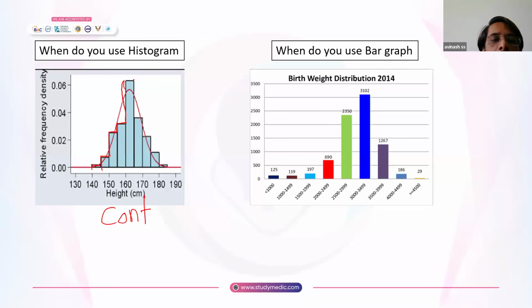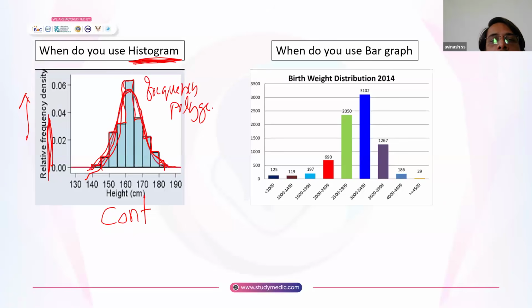Like that, if you divide, and on the x-axis you represent the continuous variable and on the y-axis you represent the frequency distribution, then these bars will get joined, and such a graphical representation is called a histogram. If you connect the centralmost points, we can draw a curve that is called a frequency polygon.